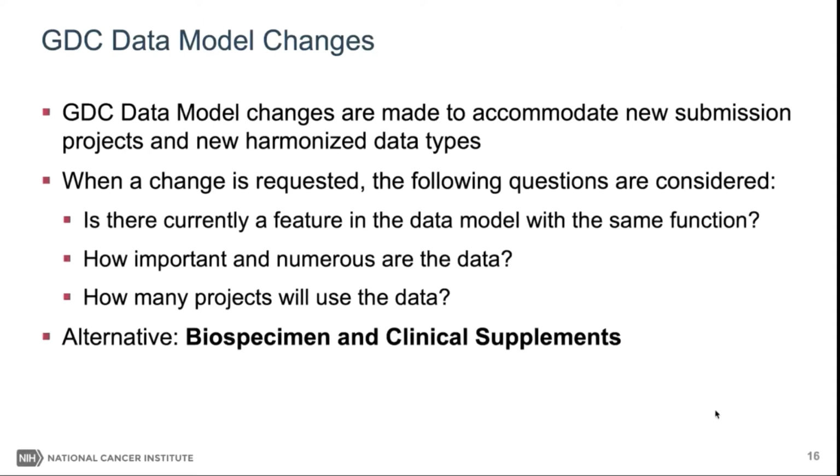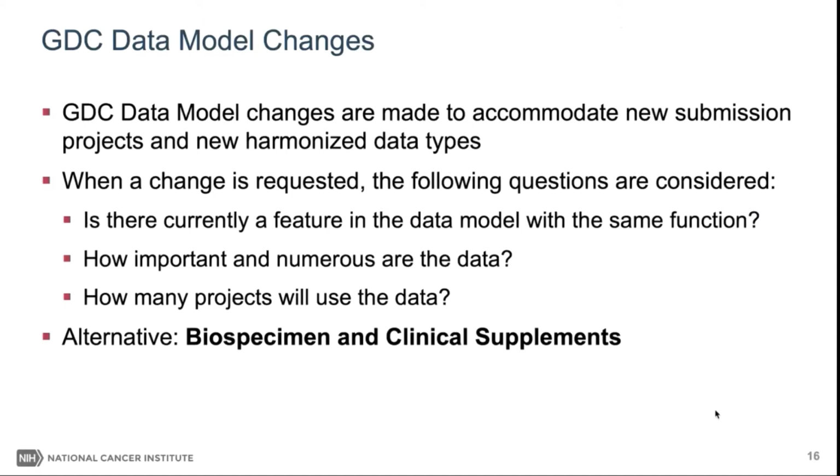So new projects coming in from new submitters and new harmonized data types. So if the GDC knows that a new data type is coming down the line, the GDC data model will be changed to accommodate that, so it will be available for submitters.